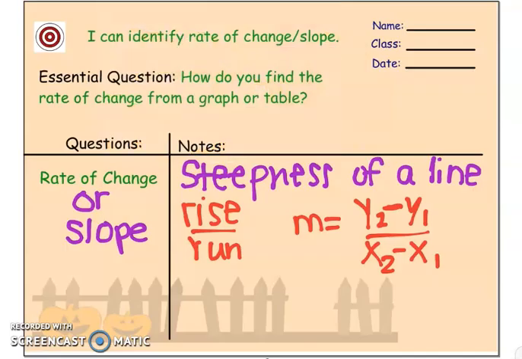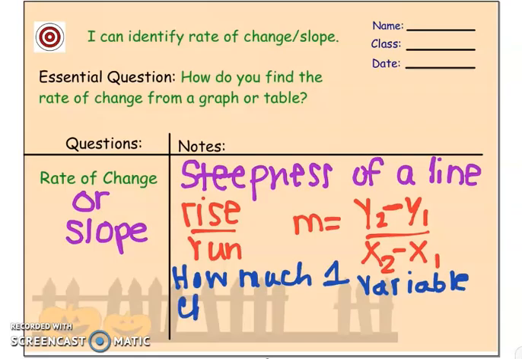So now we're going to work with rate of change, and the rate of change is how much one variable changes in regards to another. So how much one variable changes in respect to another.